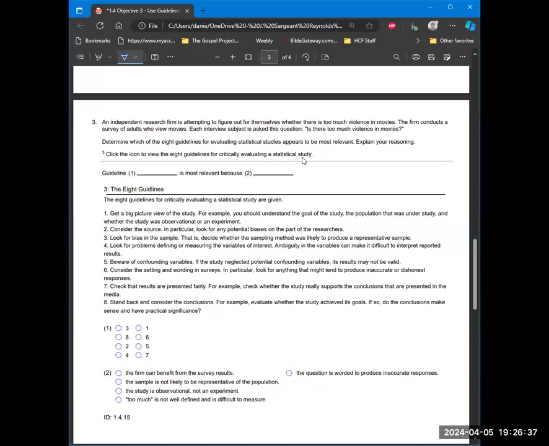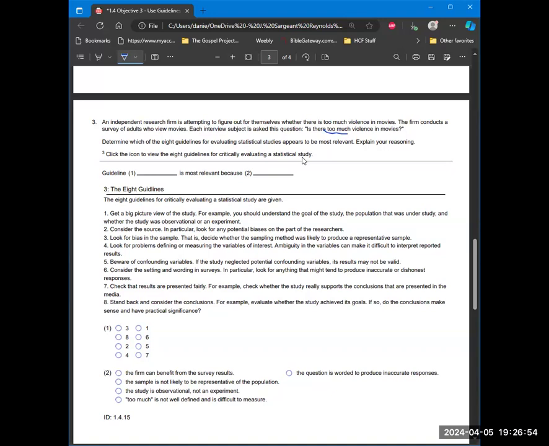It would be number 4, to look for problems in defining and measuring the variables of interest, because ambiguity in the variables can make it difficult to interpret reported results. The problem here specifically is saying, is there too much?